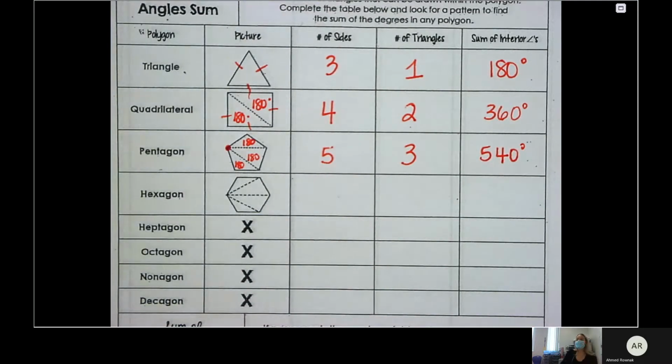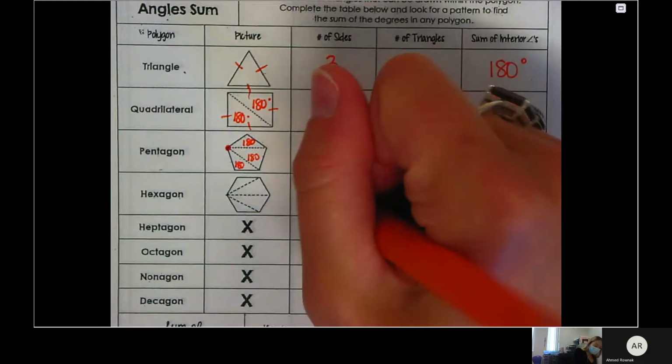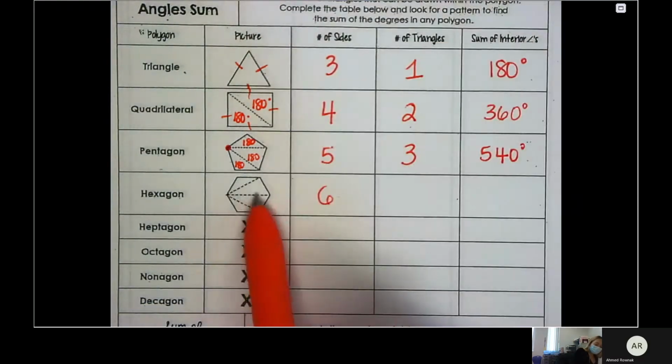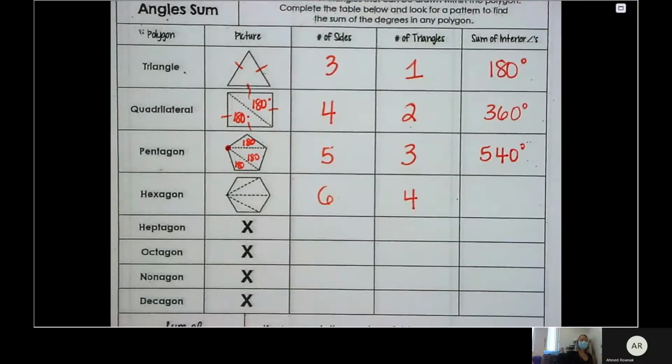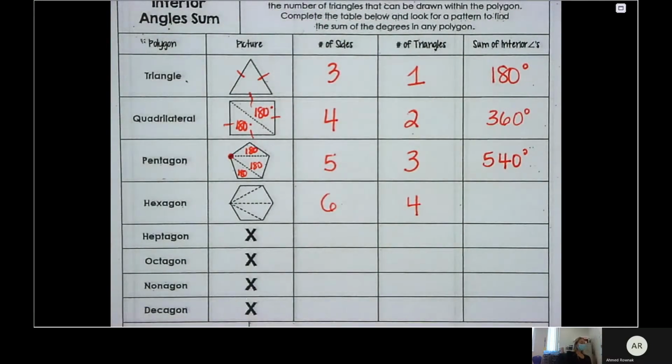Okay, last one, and then you're going to try to fill out the other ones on your own. Hexagon is how many sides? 6. How many triangles are in this hexagon? 4. In total, how many degrees are in that hexagon? Well, there's 4 triangles.